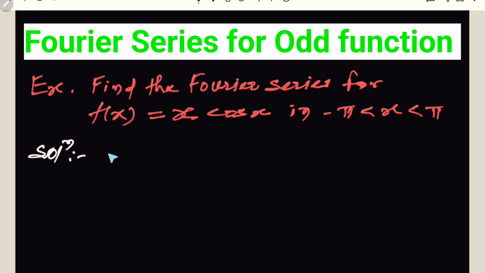And therefore, to find the required Fourier series, we have to see the range. Here the given range is minus pi to plus pi.